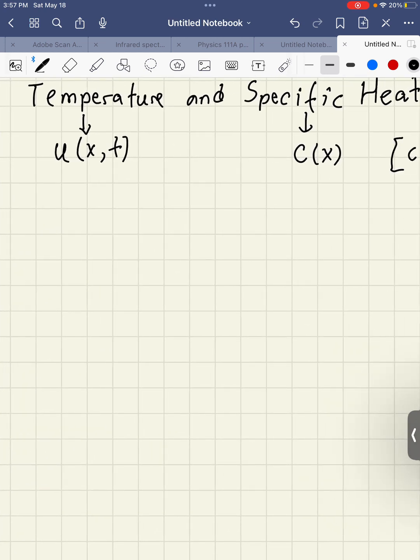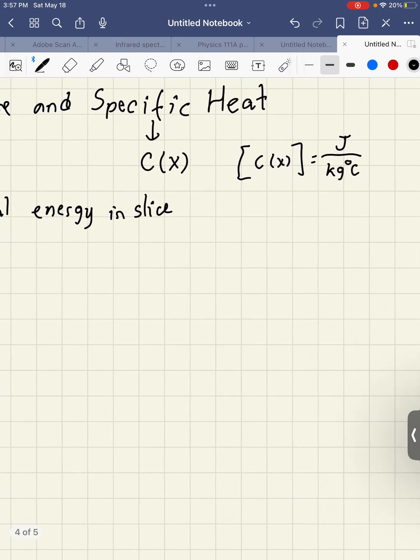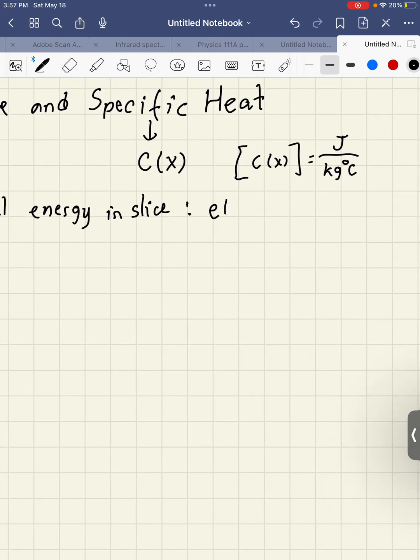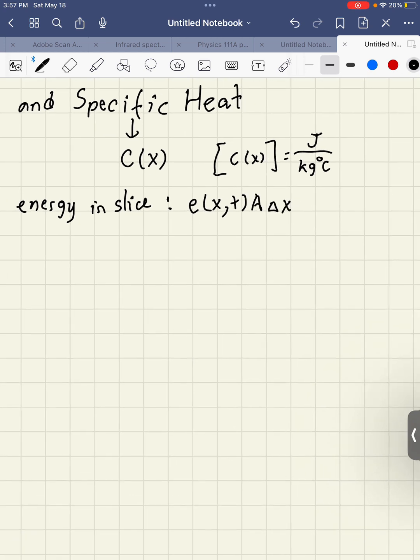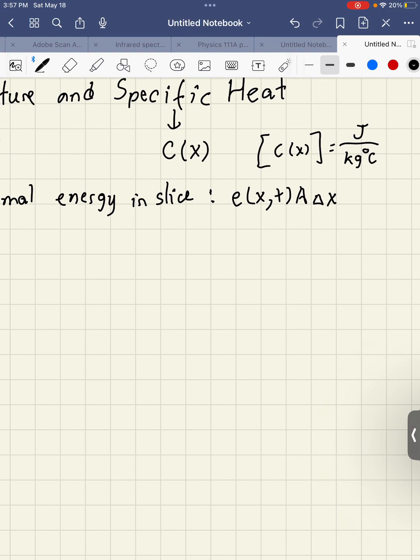Now, recall the thermal energy in a slice. Our thermal energy in the slice is defined as e of x,t times the area times the delta x. We can also describe our thermal energy as the energy it takes to raise the temperature from the reference temperature to its actual temperature.